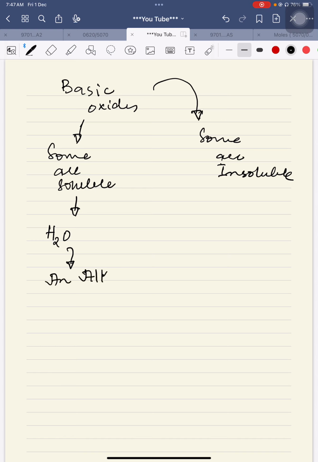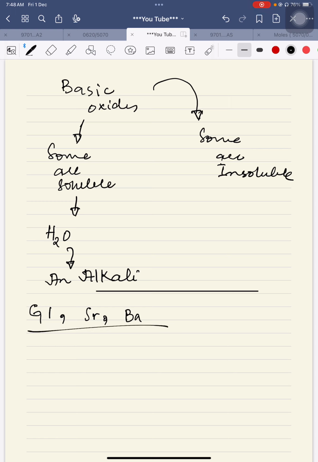When they are making an alkali, they are behaving like soluble bases. So which of them are soluble and which are insoluble? Group 1 along with strontium and barium, their oxides are soluble.